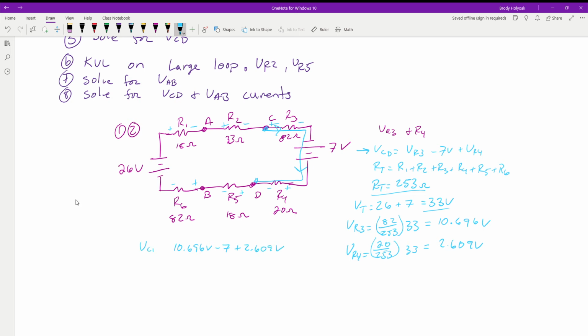And so our VCD is going to be equal to 6.305 volts. That's the loop, right? That's basically this loop going from C to D right here with the diode removed. Okay, I just wanted to double check.